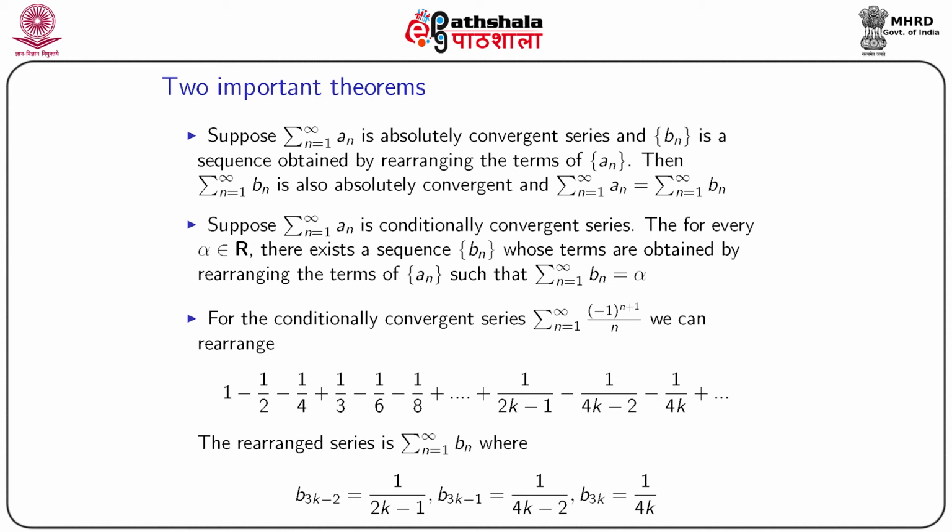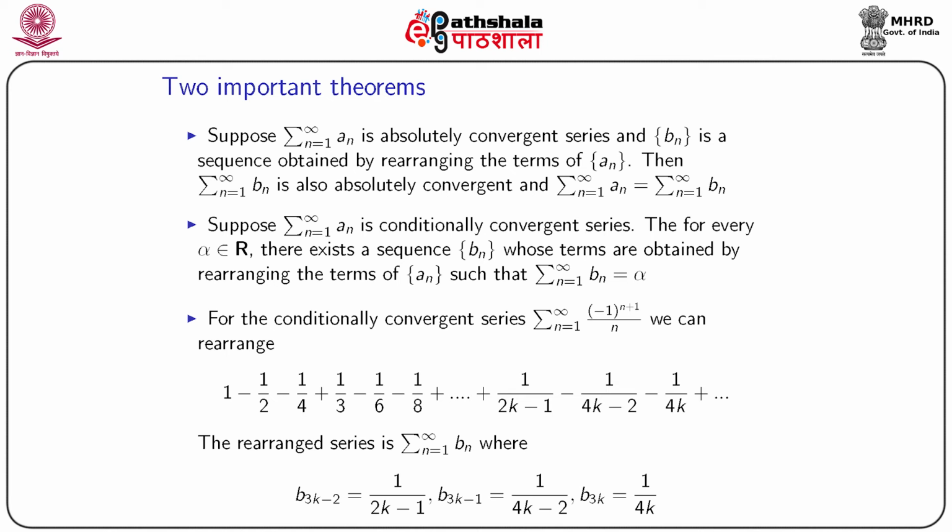Then sum over b_n is also absolutely convergent, and sum over n from 1 to infinity a_n will be the same as sum over n from 1 to infinity b_n. So if we have an absolutely convergent series, and after rearranging we get a new series, then the new series will also converge.